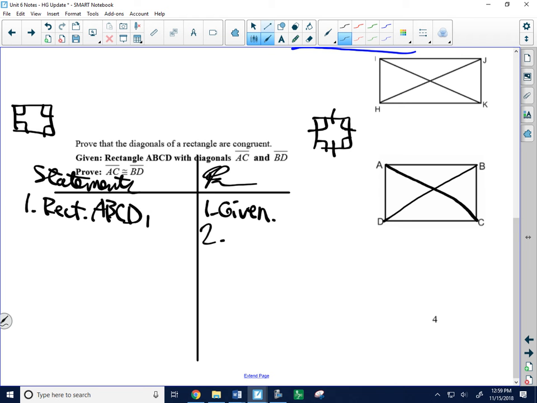Let's see what else. Diagonals, AC and BD. Okay. Again, the goal is going to be showing 2 triangles are congruent, and we got to decide which triangles.